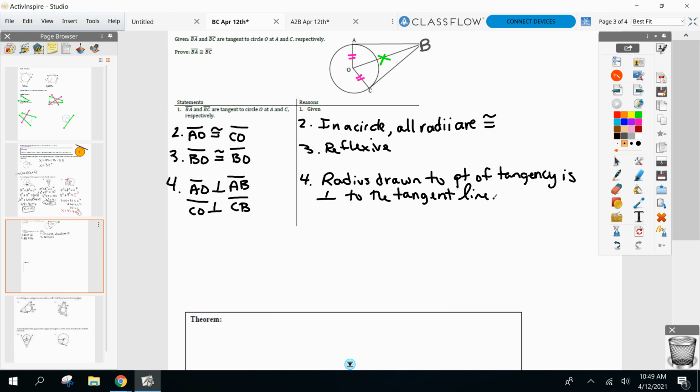I know that's a mouthful, but that's what the theorem says. Radius drawn to the point of tangency is perpendicular to the tangent line. Now can you tell me you have right angles? Yeah, this is old school, isn't it? Angle A and angle C are right angles. Old school, right? Perpendicular lines form right angles.